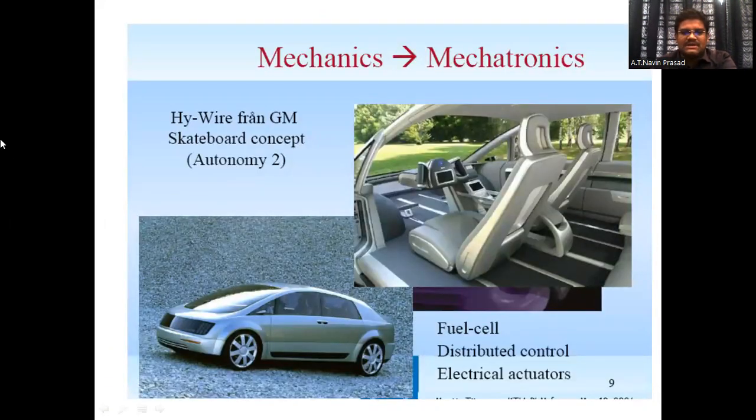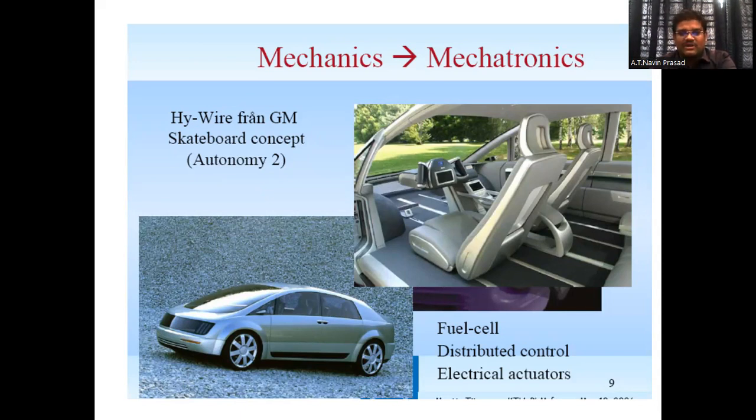This is what mechatronics has been derived from mechanics, for example fuel cells, distributed control, and electrical actuators. Nowadays, the speed of the vehicle is displayed through a digital display, and we even have speed control systems.